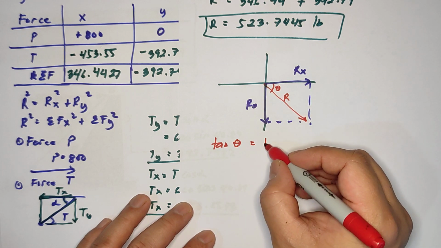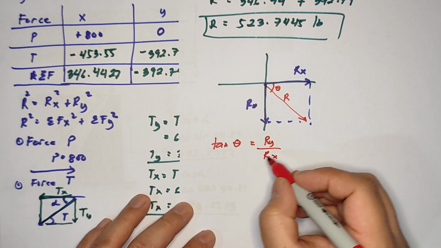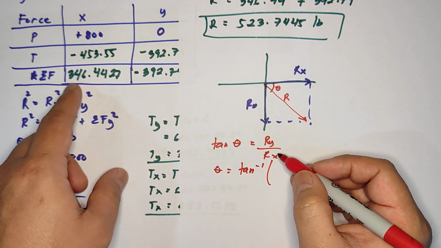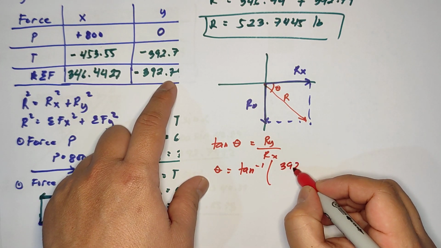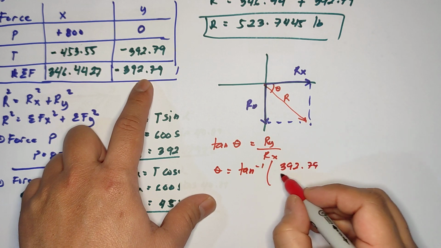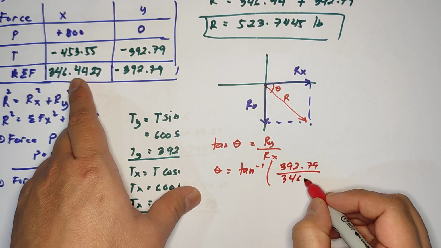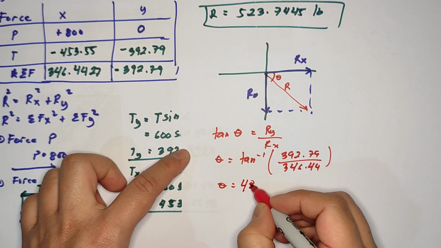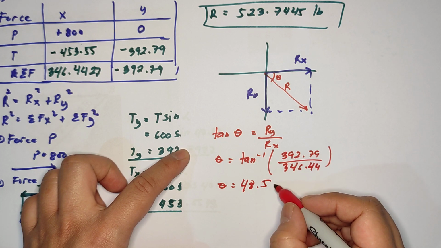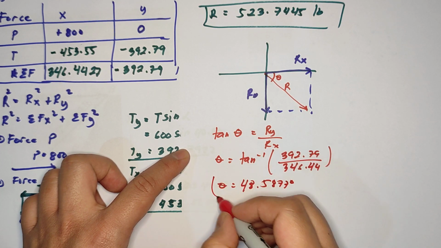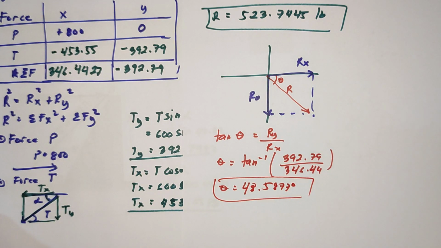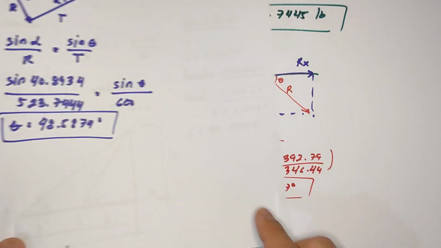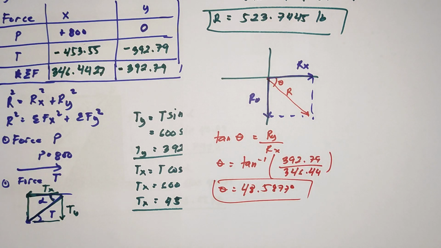This is the opposite, so Ry over Rx. So you have theta that is inverse tangent of Ry, what is Ry again, this one is 392.79 over Rx 346.44. So you have theta that's equivalent to 48.5877 degrees. Okay, so that should be the same as the one that we computed earlier. There's a slight discrepancy because of the rounding off.